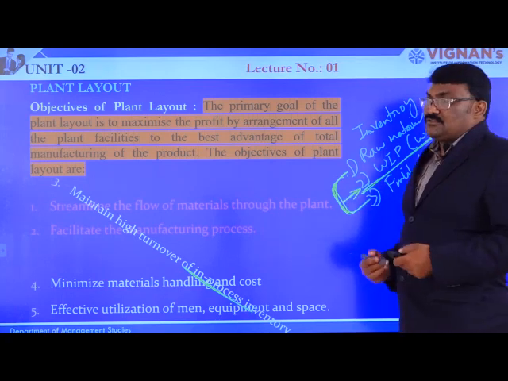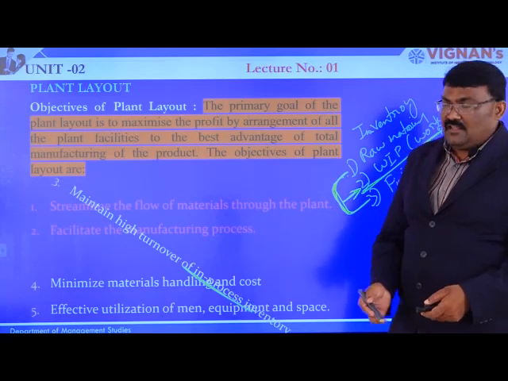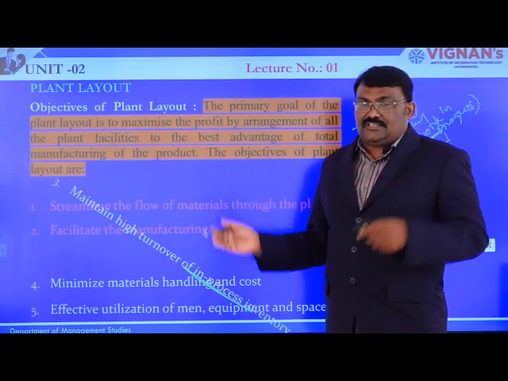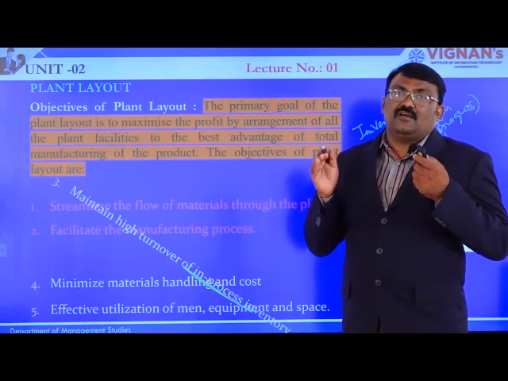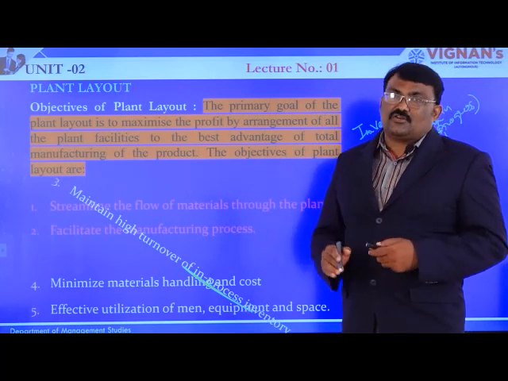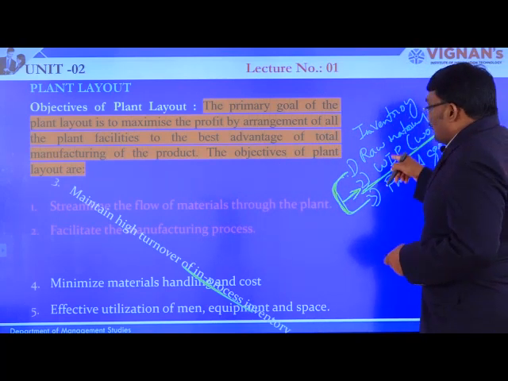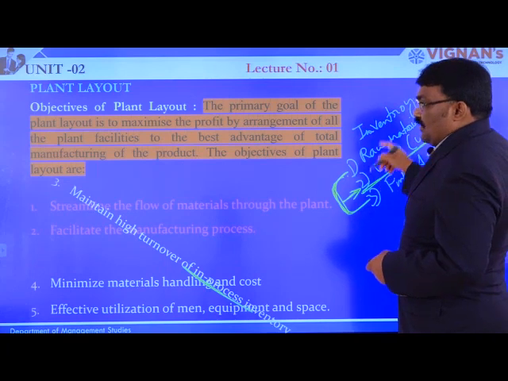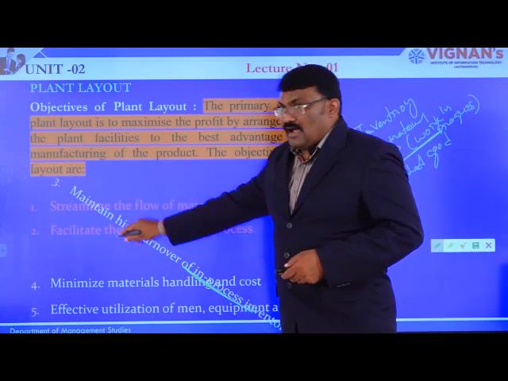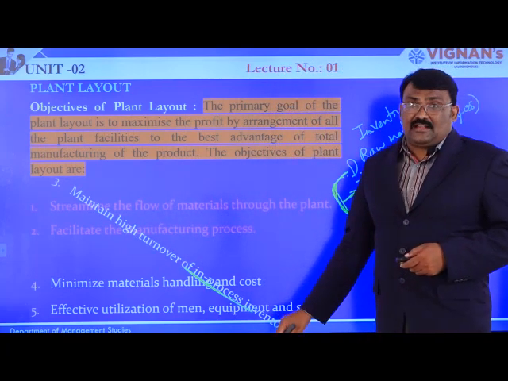It is not in the form of a raw material and it has not yet become finished goods. It is in a semi state. That is why it is called work in process. Now, this work in progress will have a high inventory level.